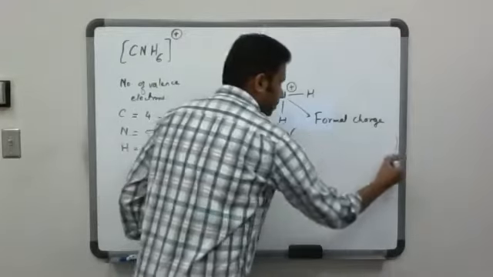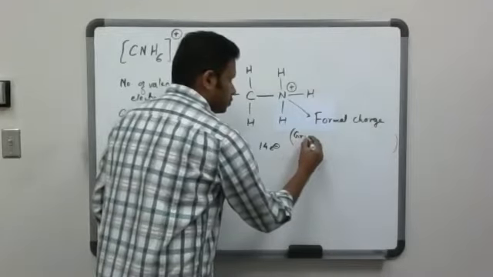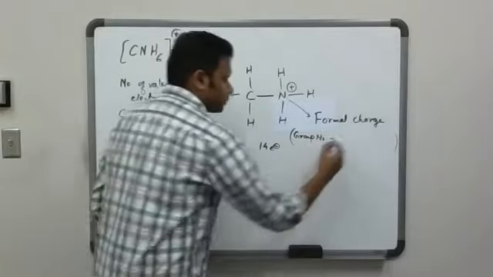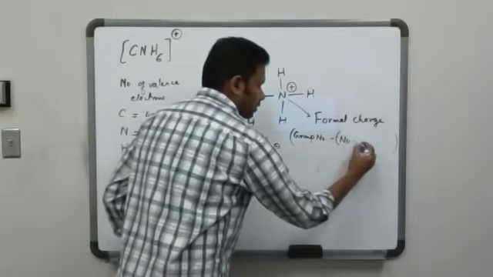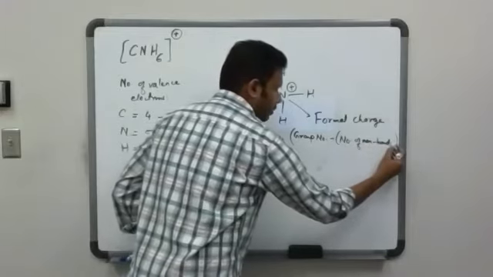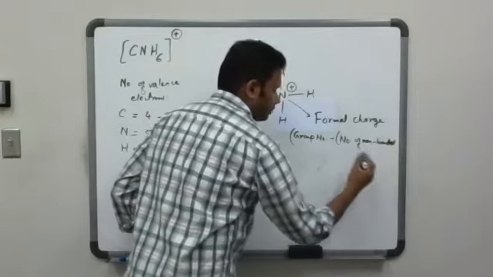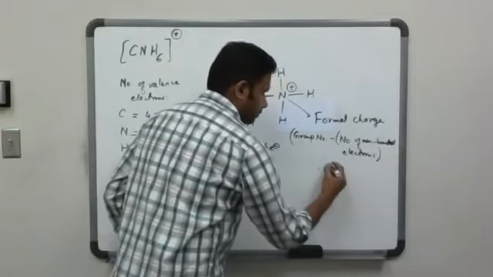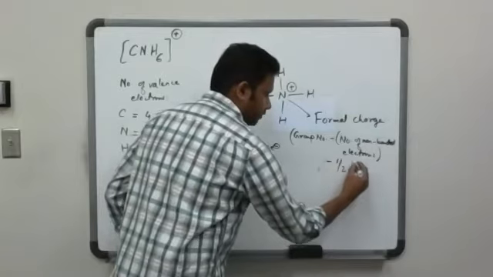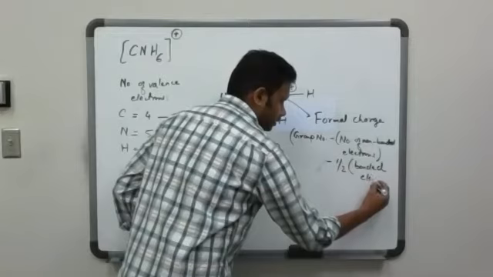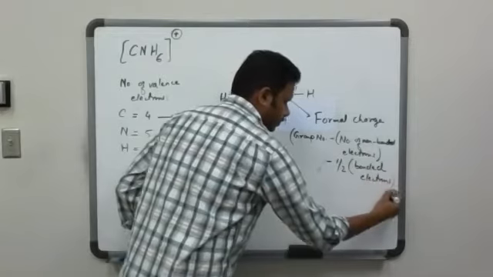This is given by the group number minus the number of non-bonded electrons minus half the number of bonded electrons.